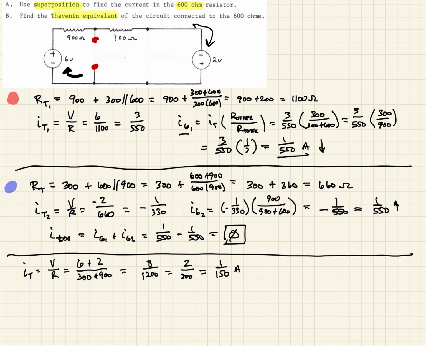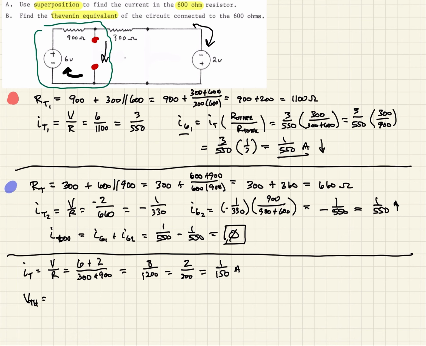Now we should be able to calculate the Thevenin voltage, which will just be the voltage drop from one terminal to the other. That would be the voltage drop across this open gap here. To get that, let me use a different color, green. We're going to look at this loop right there.